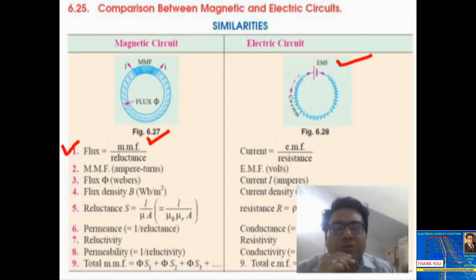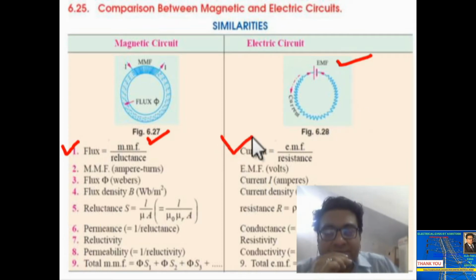This copper wire is connected between the two electrodes of the battery, one positive and one negative. You see over here, and then due to the electromotive force, a current will be circulated in the circuit.